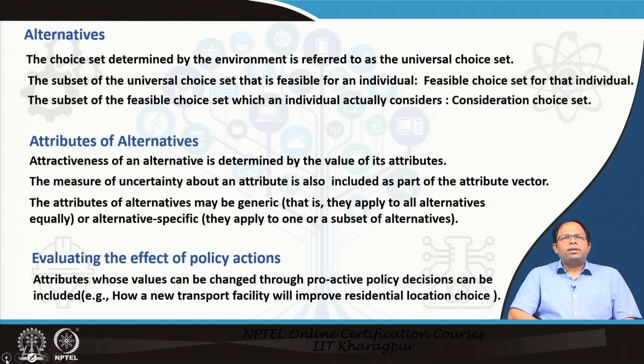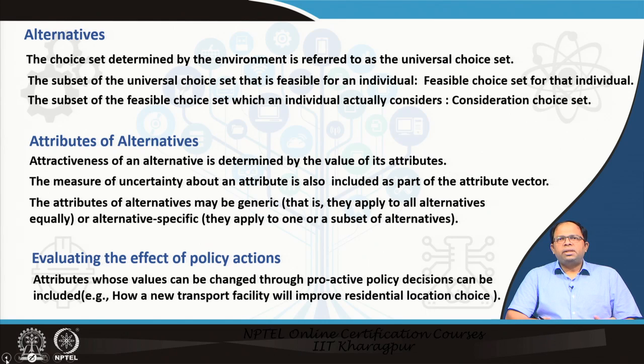By alternative, it is meant that the choice set is determined by the environment. This is basically the universal choice set. It includes all alternatives, and as we were discussing, a subset of this universal choice set is actually feasible for an individual. That means there is housing, but maybe only some of the housing fits in his budget, or maybe only housing in some of the zones which are near to his office is what he would be looking for.